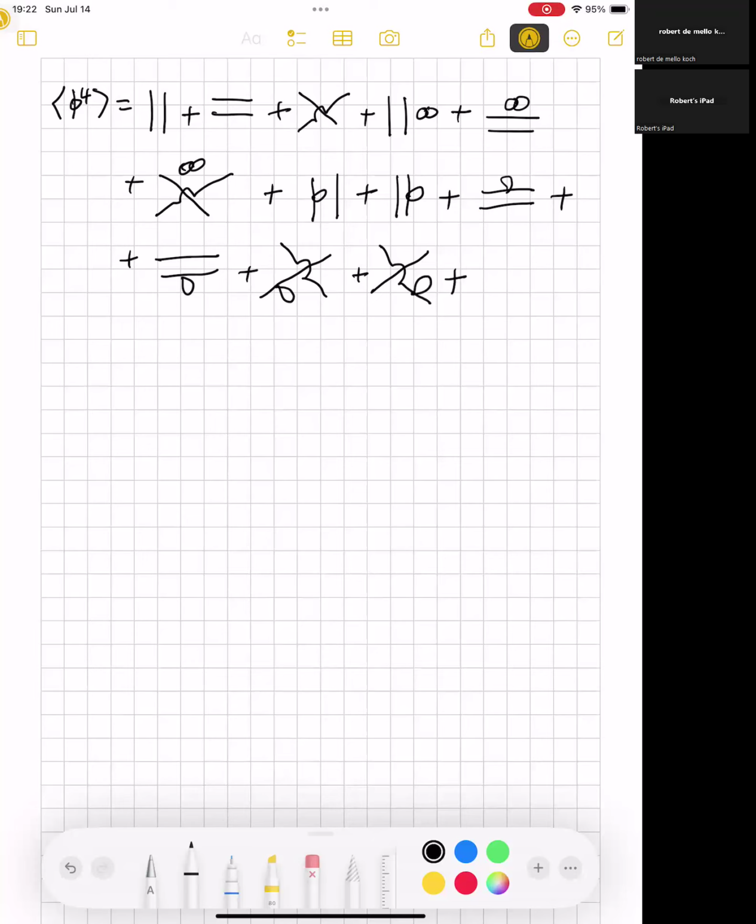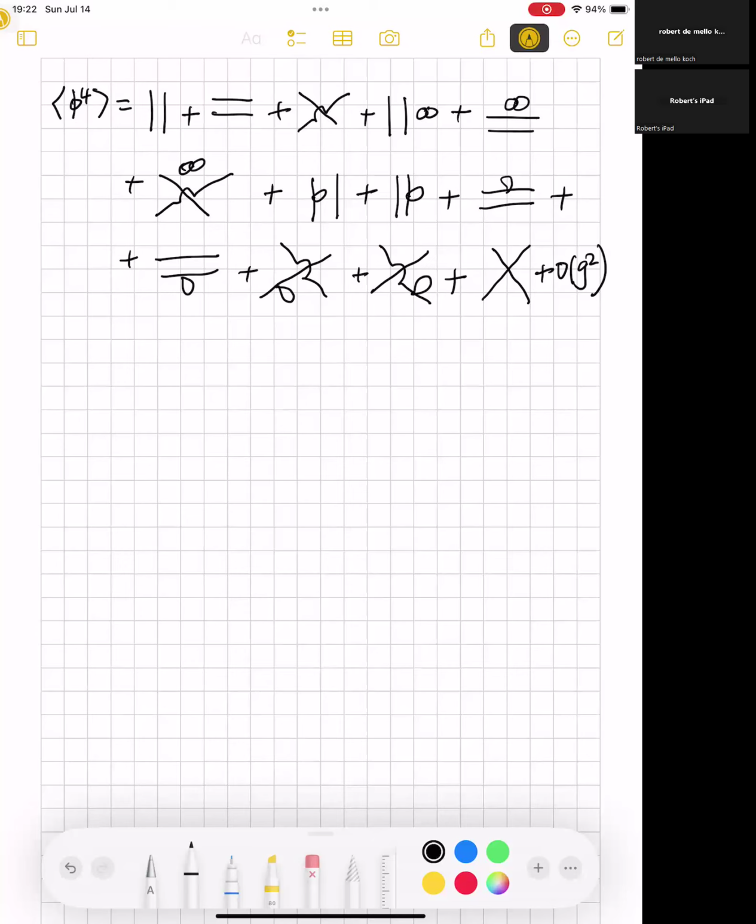And let me just think. Yep, I think that is everything that I wanted there. And then there will be other terms of order G squared. But to order G, here are all of the diagrams.